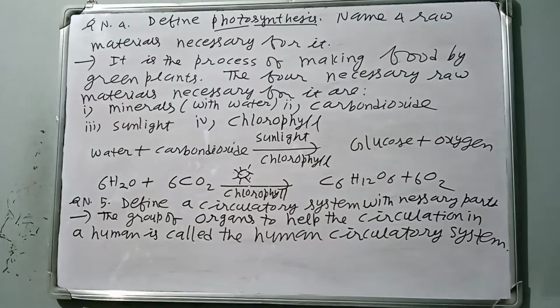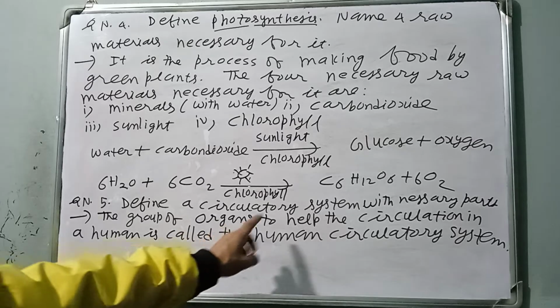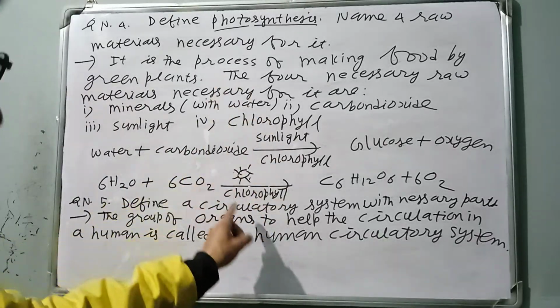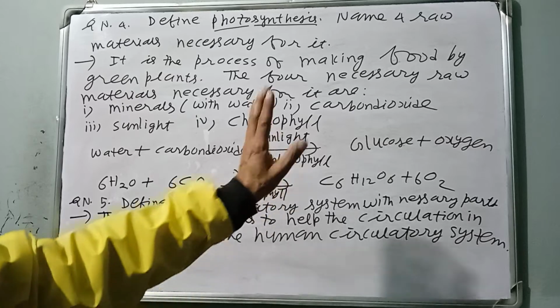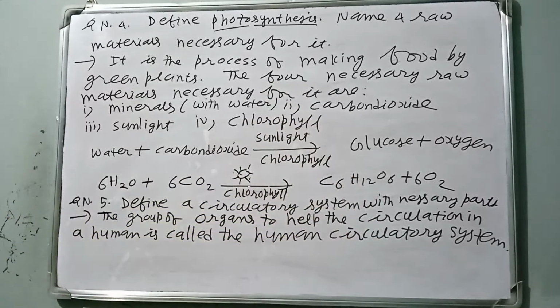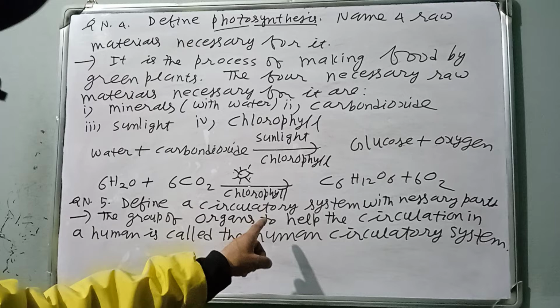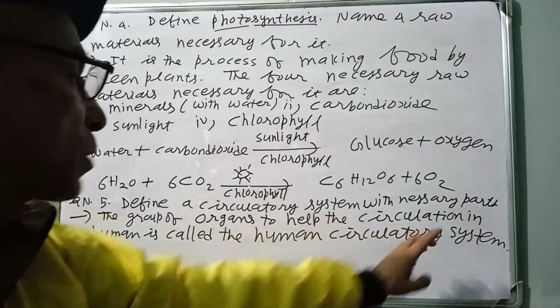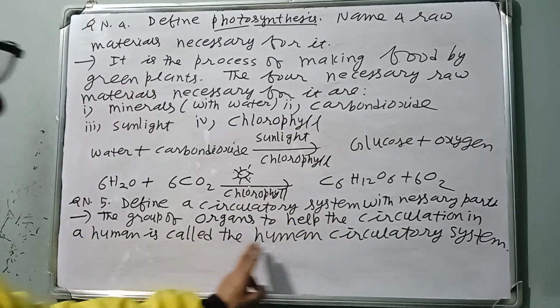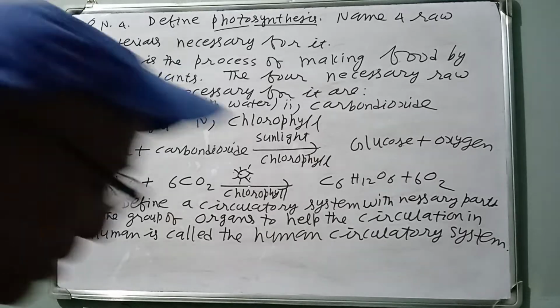The human circulatory system is a group of organs. Cells combine to form tissues, tissues combine to form organs, organs combine to form the human circulatory system. The group of organs to help the circulation in human body is called the human circulatory system.